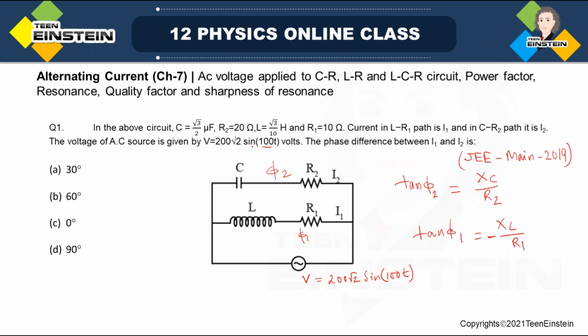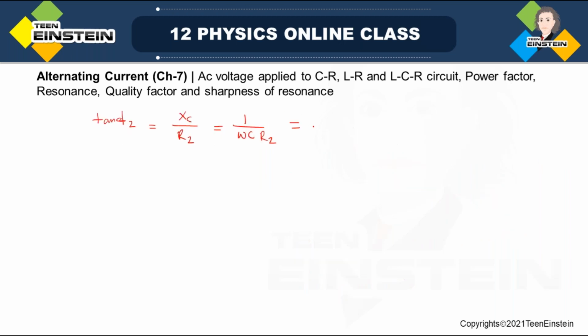We know V is equal to V0 into sine omega t, so 100 is omega. And we have C as root 3 by 2 microfarad, and R2 is 20 ohm. So this is 100, C is square root of 3 by 2, and this is 20. We can just make it 10 like this.